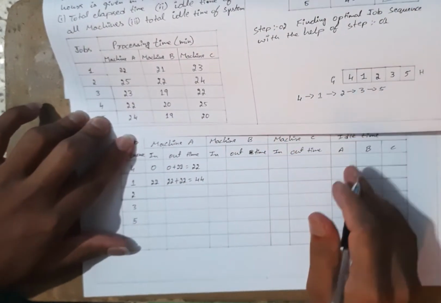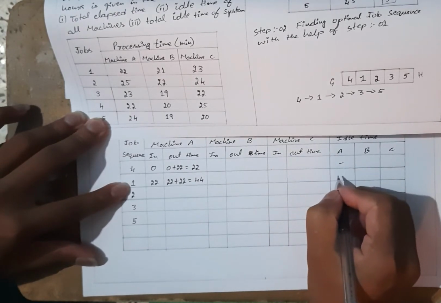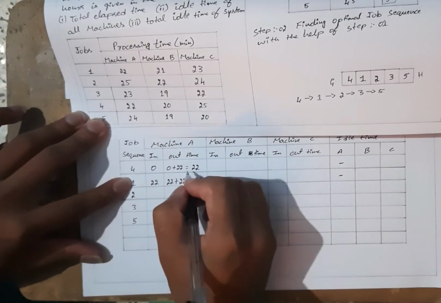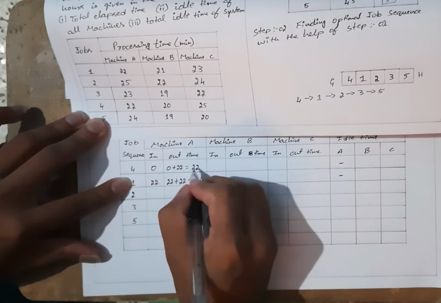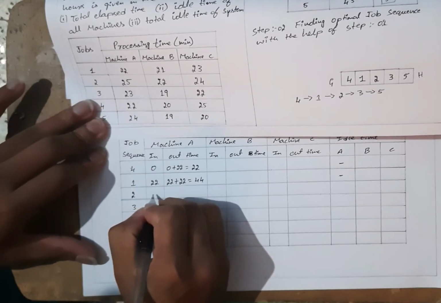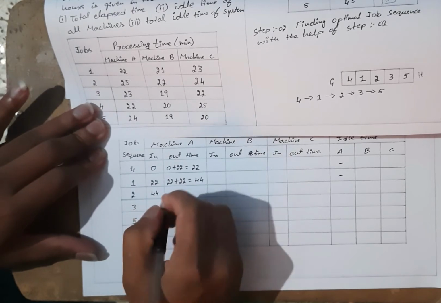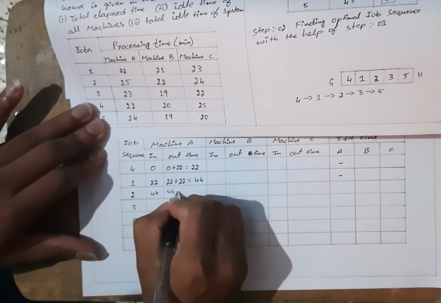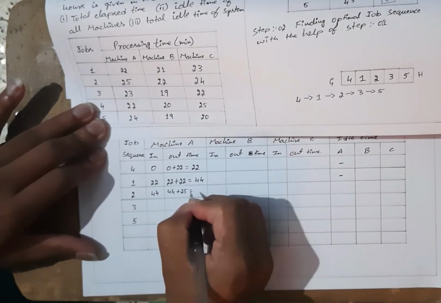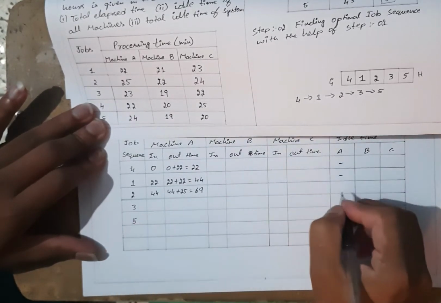For machine A there is no idle time for job 4 and job 1, because after job 4 is completed, job 1 continues on machine A. There is no gap between the times. Job number 2: the previous job completed at 44, plus job number 2, 25, is 69. Here also there is no idle time.